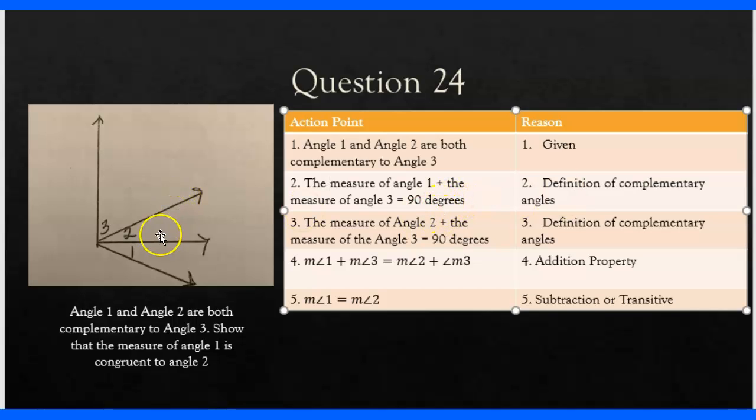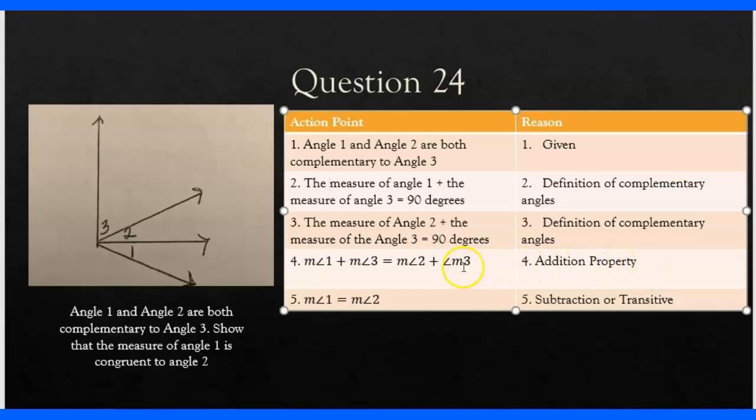Then I'm going to go even further. The angle 2 plus 3 is also 90 degrees. Same definition. Now I'm going to say the measure of angle 1 plus the measure of angle 3 equals the measure of angle 2 plus the measure of angle 3. I can deduce that from all of this, and that's the addition property.